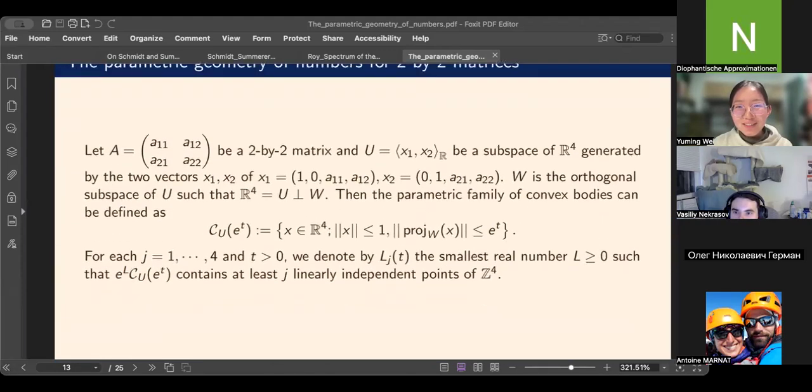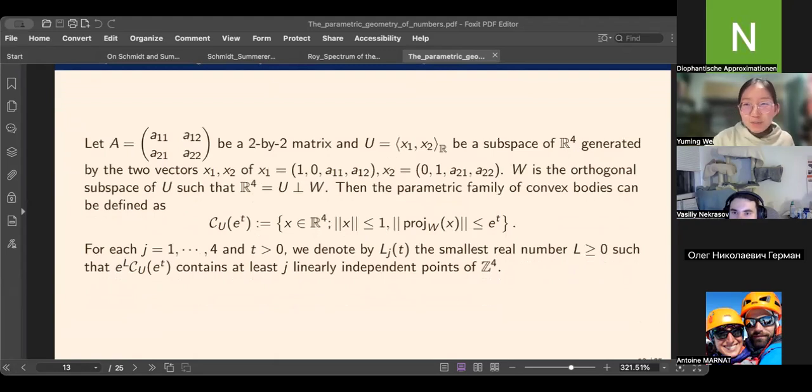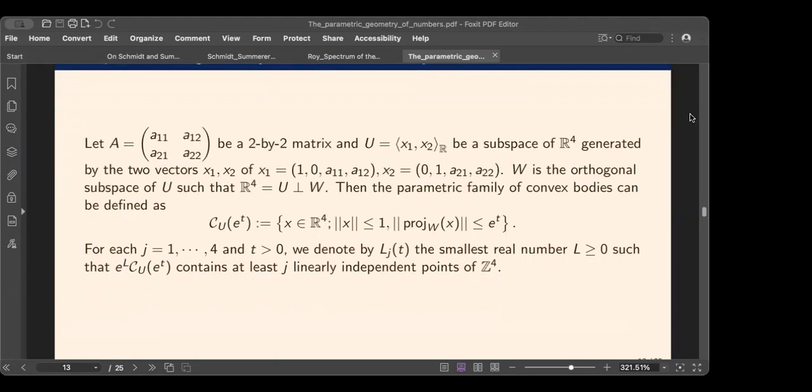Okay. I will begin with the first part. So if A is a 2x2 matrix and U is a two-dimensional subspace generated by two vectors x1, x2, which are determined by the matrix A, and let W be the orthogonal subspace of U, then we can define the convex body C_U.